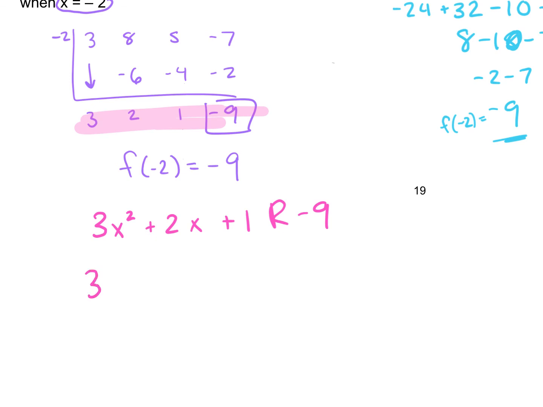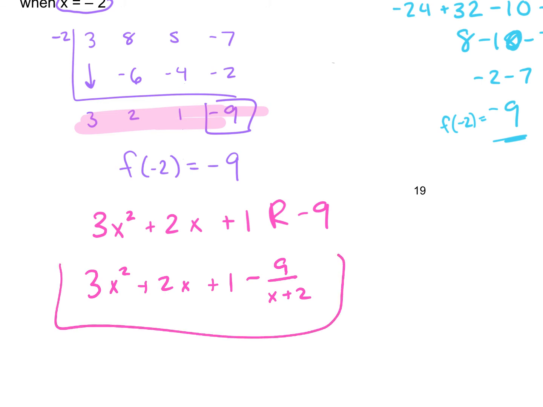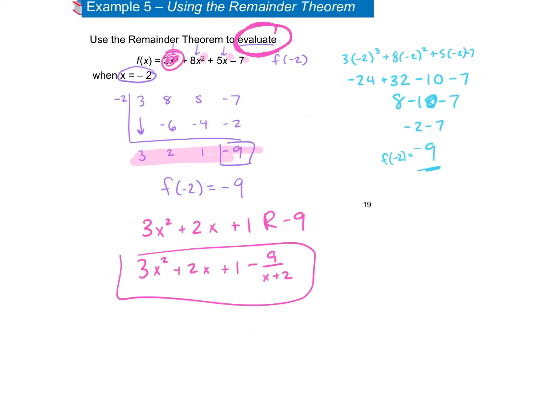Yeah. 3x squared plus 2x plus 1 minus 9 over x plus 2. I'm just showing you that if this question were to ask you to divide, this would be your answer, because that's what you get when you divide using synthetic division. This one just asks you to evaluate, so we just plugged in and got negative 9, so that would be our answer. f of negative 2 is equal to negative 9.